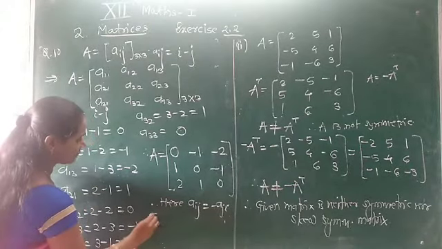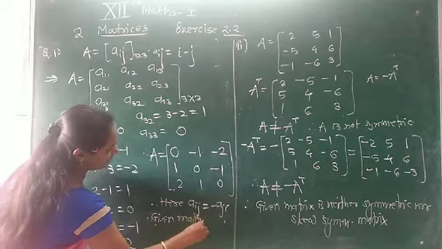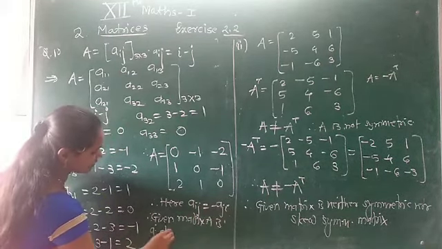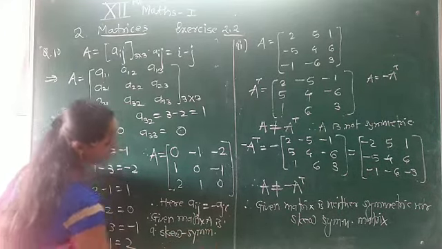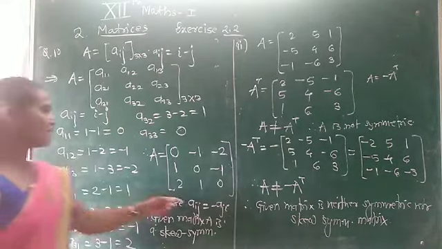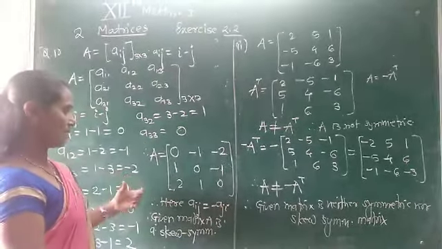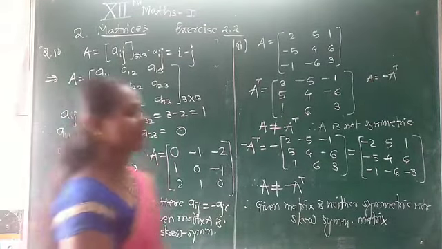Therefore, given matrix A is a skew symmetric matrix, because here Aij is equal to minus Aji. Now go to question number 11.